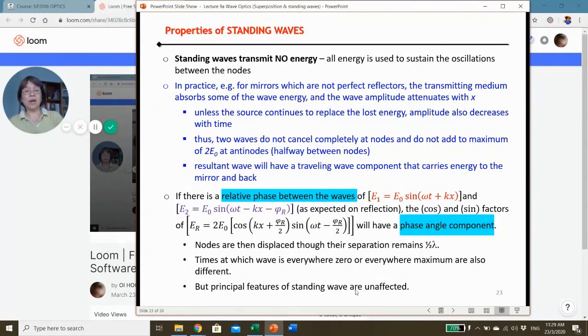Well, you'll find that the nodes would be displaced. As you can see, this expression is different now. The nodes will be displaced, but the separation between adjacent nodes will still remain as lambda over 2. And the times at which the wave is everywhere 0 or everywhere maximum will also be different from the earlier case. But the principal features of the standing wave are not affected.